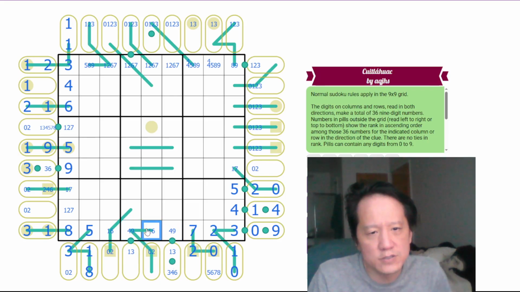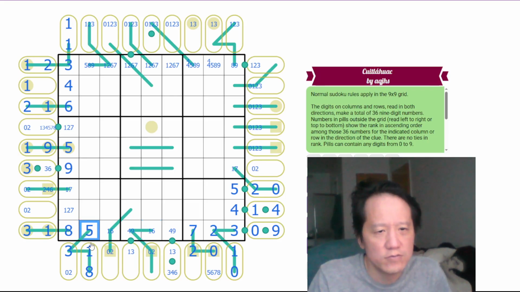This is 1 or 6. That's interesting. This is 8, 5. 18.